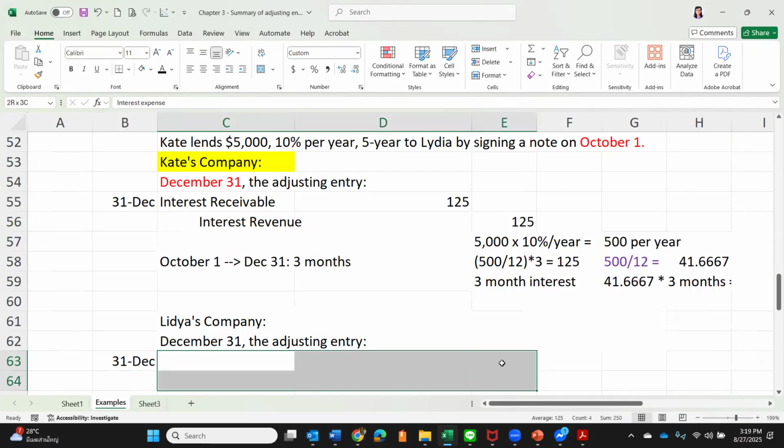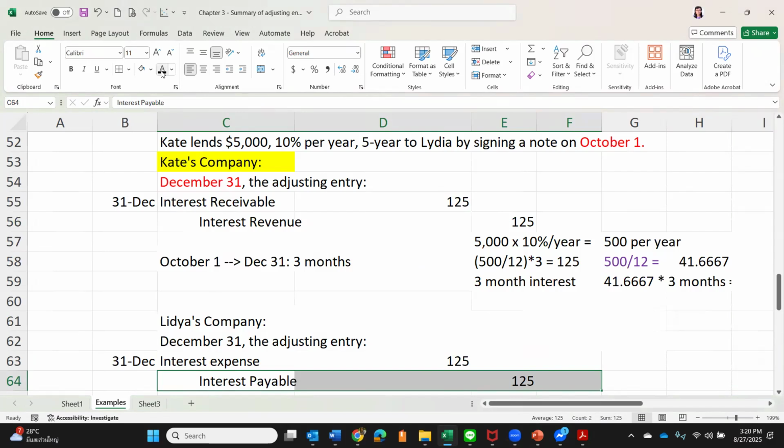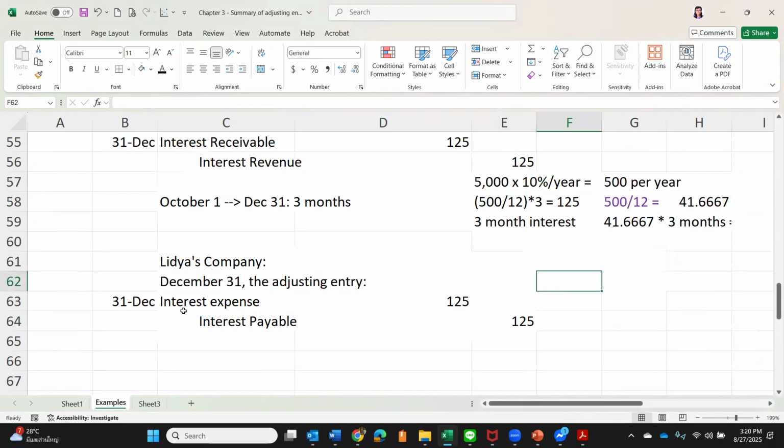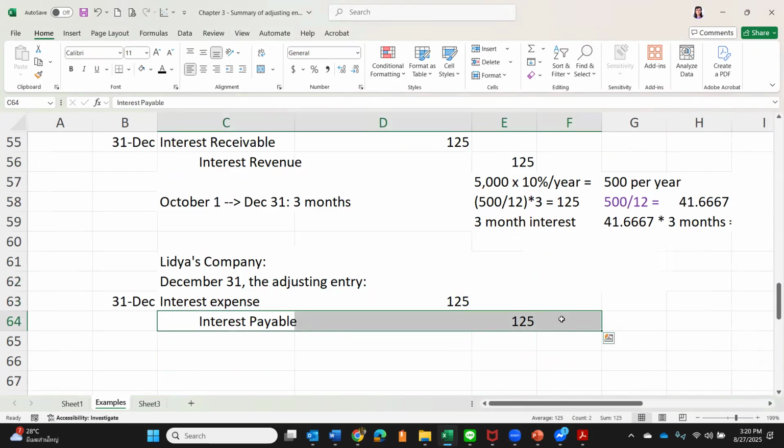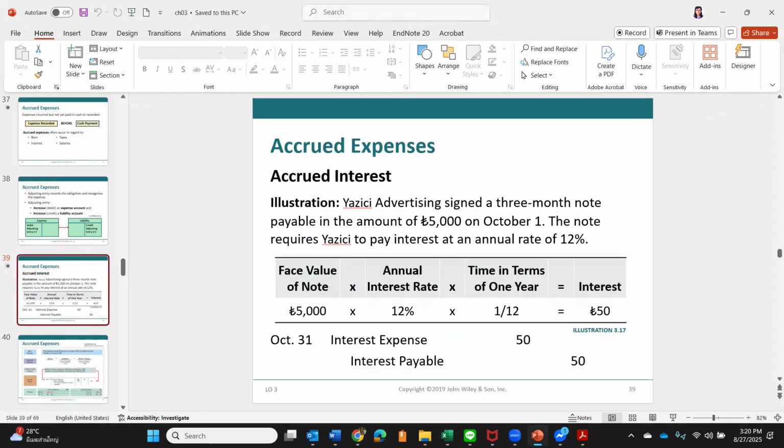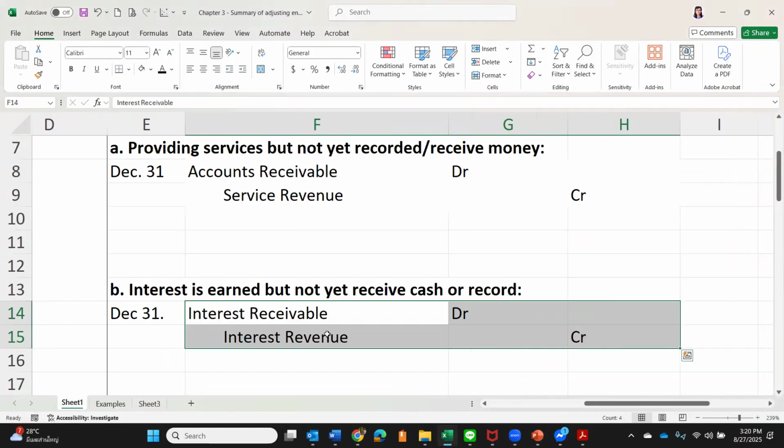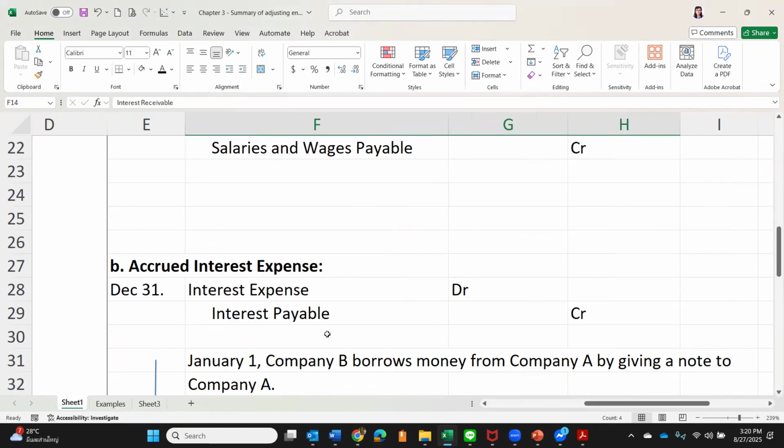So for Lydia company, we will debit interest expense 125 and credit interest payable 125. All right, so this is about accrual expenses.